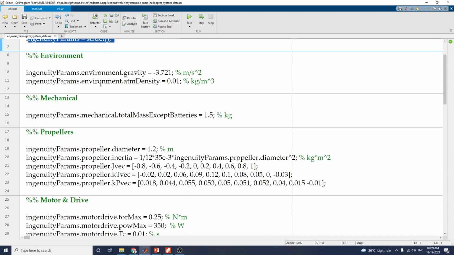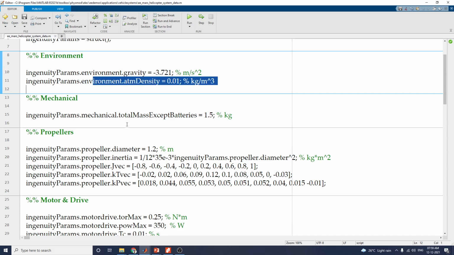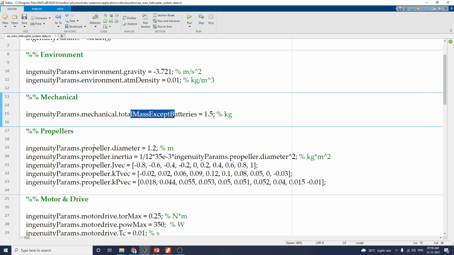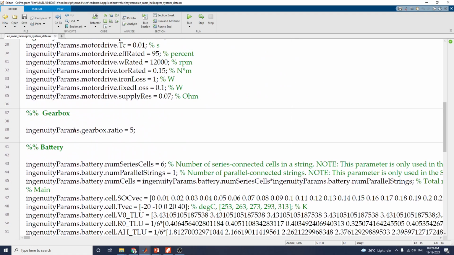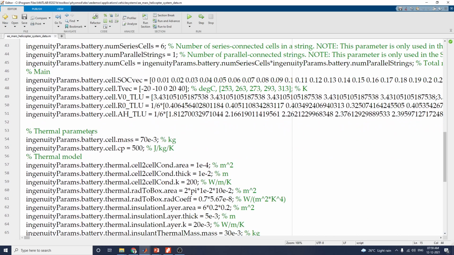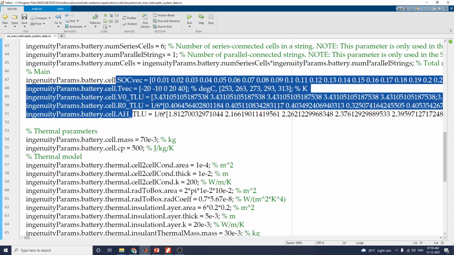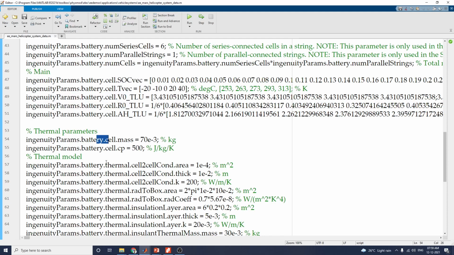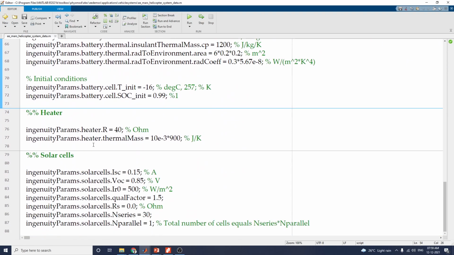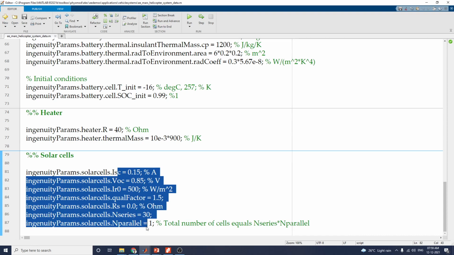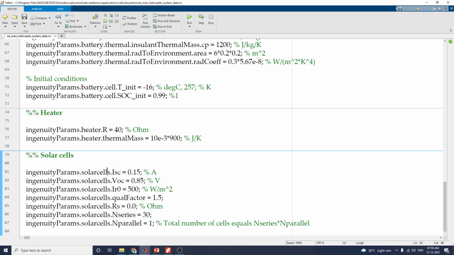In the environment, you can see the gravity and density, the mechanical Ingenuity values, and the total mass except batteries, propellers, motor and drives blocks, gearbox and battery, and main simulation analysis in the form of SOC and temperature, the thermal parameters block, thermal model and initial conditions set, heater and solar cells. These are all the parameters you can change in this interactive MATLAB script file.